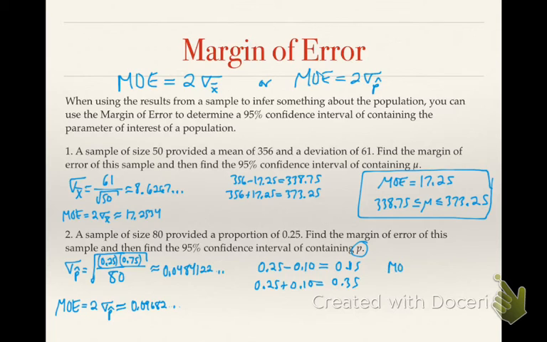So our margin of error ends up being 0.10, and then our confidence interval of containing P is going to be 0.15 is less than or equal to P is less than or equal to 0.35. You're 95% confident that the population proportion is actually between those two values.